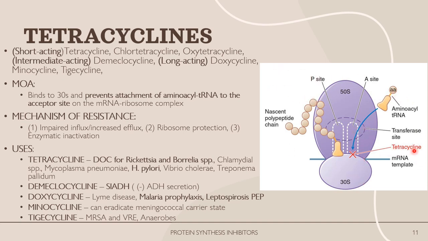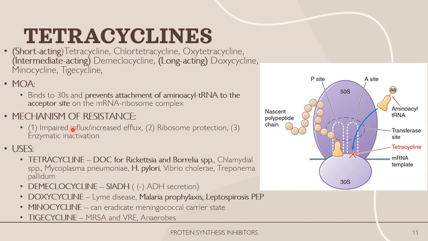Again, your tetracycline prevents the attachment of aminoacyl tRNA to the acceptor site or A site. For memory aid, the letter A is the first letter in the alphabet, and the first antibiotic that we discussed today is your tetracycline. So for tetracycline, A site. Don't forget that one.